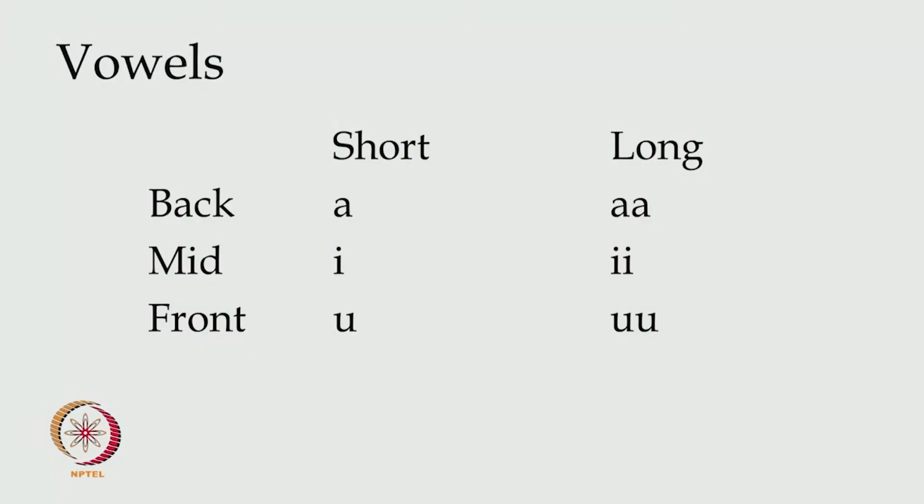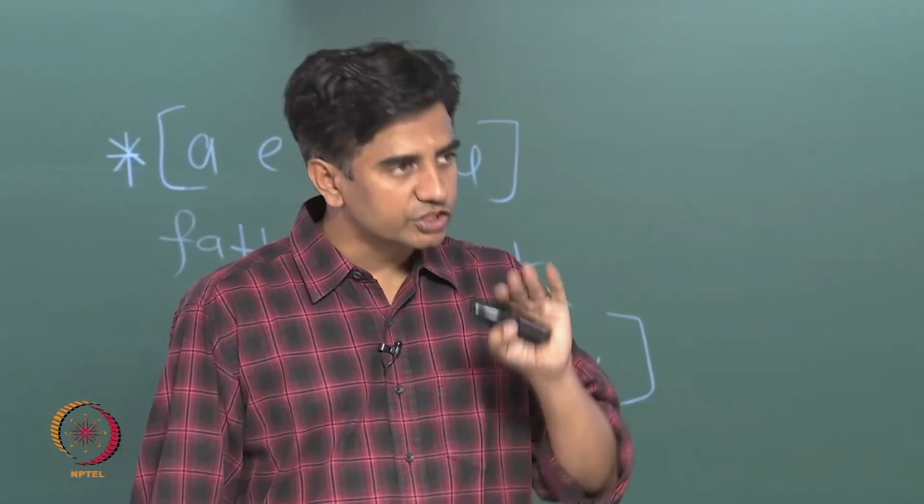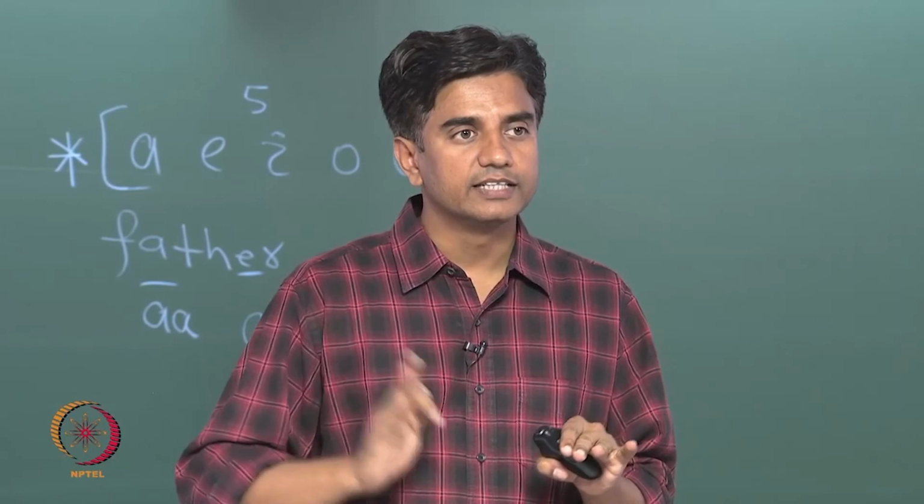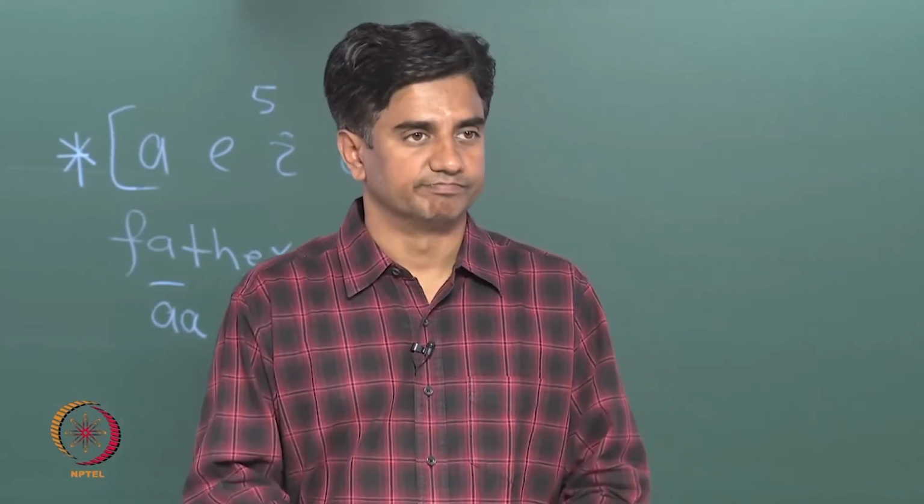Some examples of vowel sounds. These are not all. There are some examples of vowel sounds. They are a, e, u. So one is a short vowel and its counterpart is longer than that.